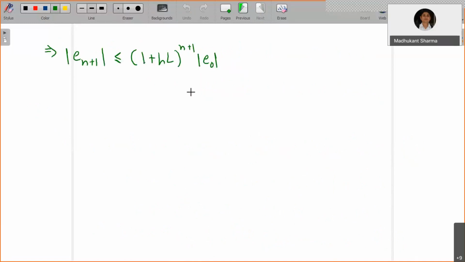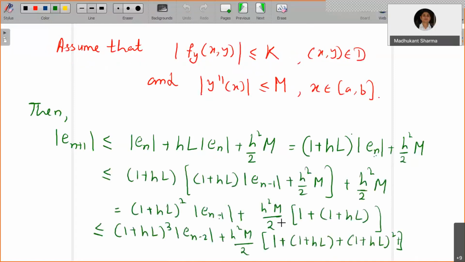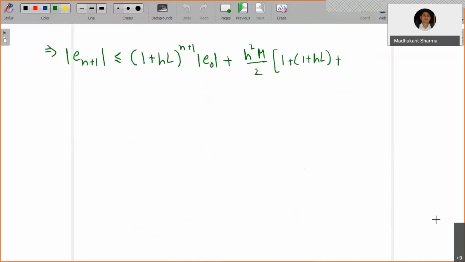So after mod E_0, the second term is h square M by 2 times (1 plus h times L plus ...). Previously you had cube, so you end with the square; we have 2, we end with the power 1. So you can follow the pattern, up to plus (1 plus h times L) to the power n.